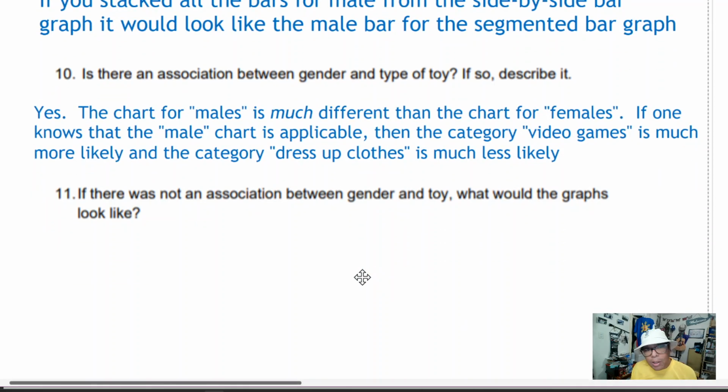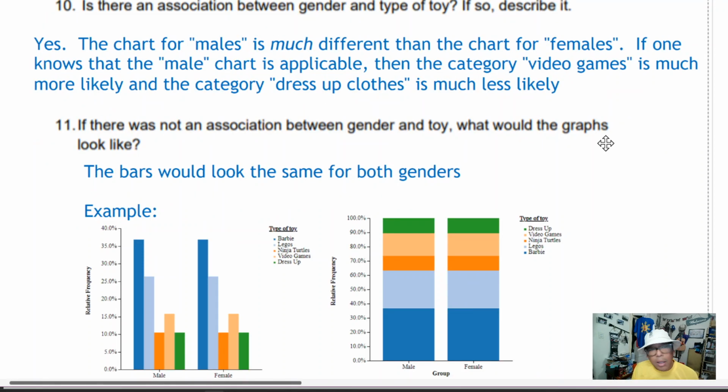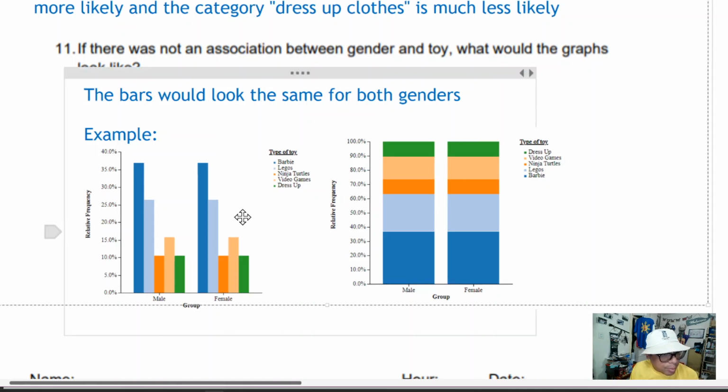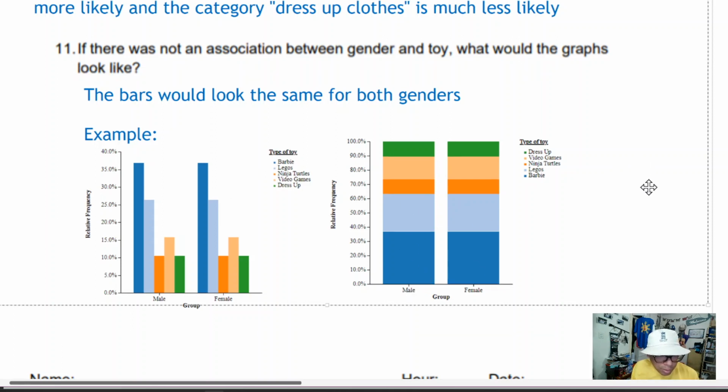Okay. What would it look like if there was no association? Well, if there was no association, the two bar graphs would look exactly the same. Okay, so if we're taking a look here, I think it's easier to see this on the segmented bar graph. So let's take a look at the segmented bar graph here. Notice how they're the same graph. So if they are literally, or almost quite literally the same graph, then we would say that there is not evidence of an association between whichever two categorical variables we are looking at.